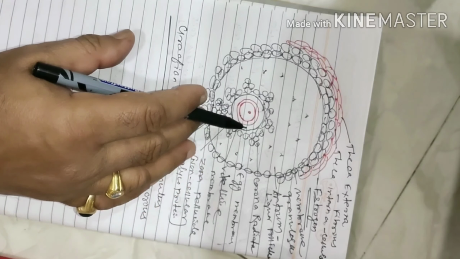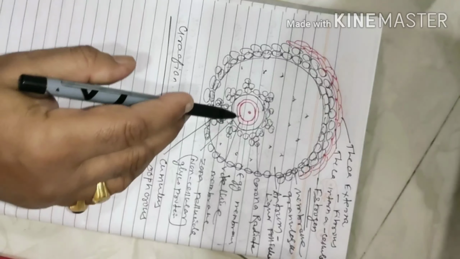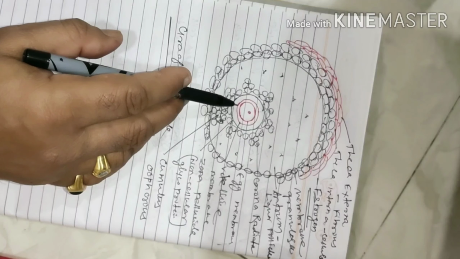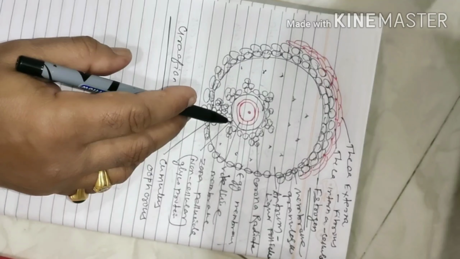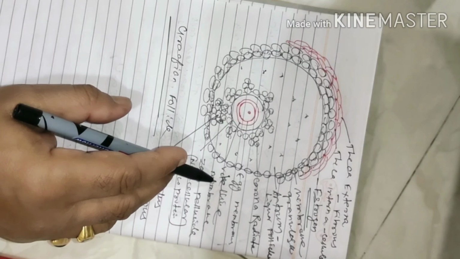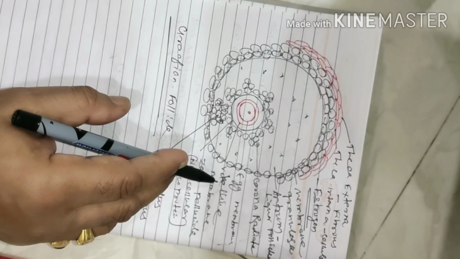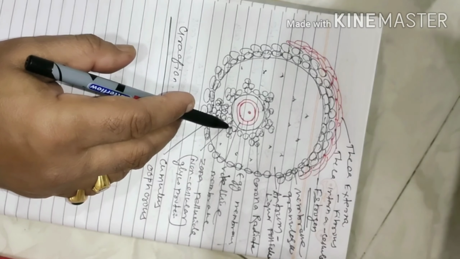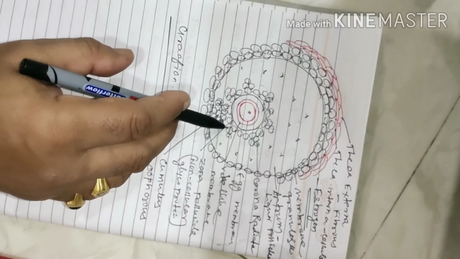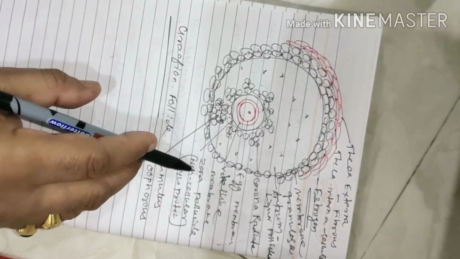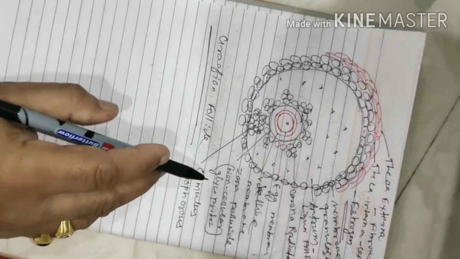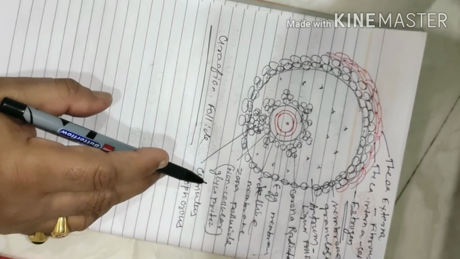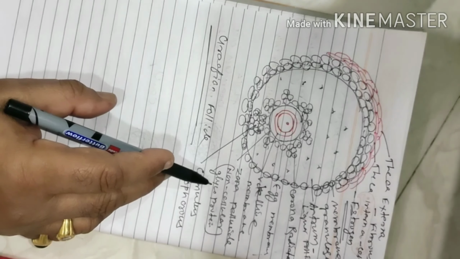On one side of the antrum, the secondary oocyte is present. It is surrounded by the vitelline membrane, formed by the combined action of the oocyte and granulosa cells. Around it is a non-cellular layer called the zona pellucida, composed of glycoprotein, and around that is the corona radiata.